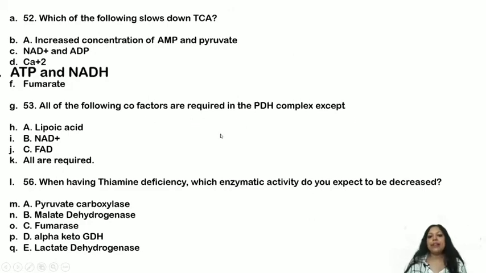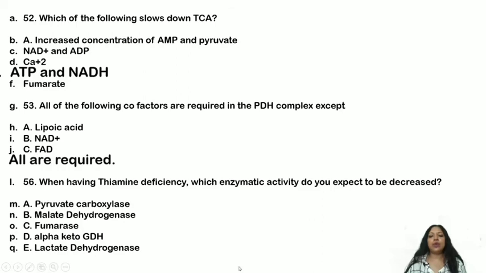If you remember the PDH complex, you might know that lipoic acid is required by complex 2, and NAD+ and FAD are both required by complex 3. So, all these are required in the PDH complex. There is no exception given in the options, correct?